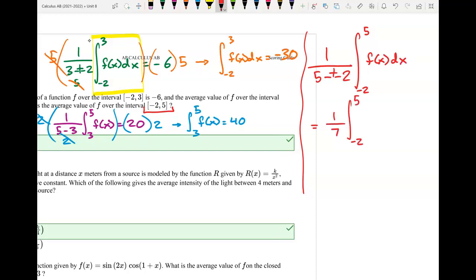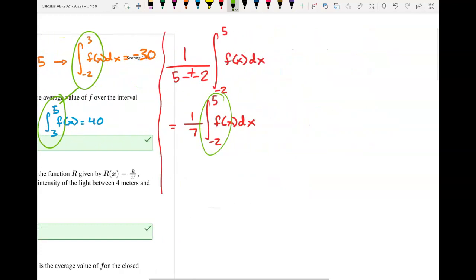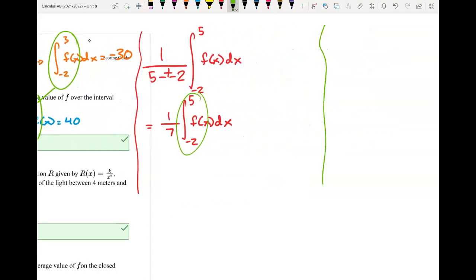Now, I want you to think about these intervals. What was the interval on the first one? What was the interval on the second one? What's the interval on the last one? Aren't these first two adjacent intervals? And we learned a property that said, let's think about this in terms of an actual function.